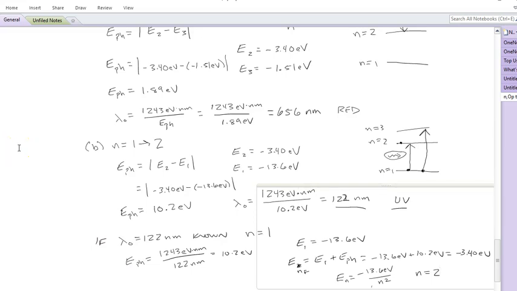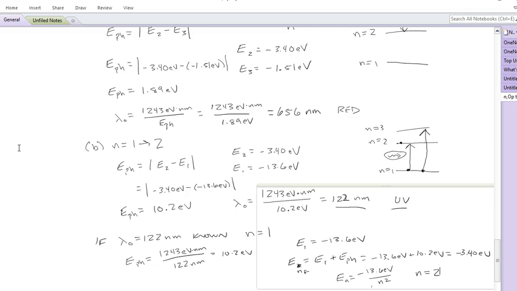Okay? Or I could give you the wavelength that's emitted and say the atom is in the n equals 6 state. And it spits out a photon with a certain wavelength. What is the final quantum number, right? What state does it go to? So again, what you would do there is you would figure out the photon energy, right? Since it's emitted, subtract that from the initial atomic energy.